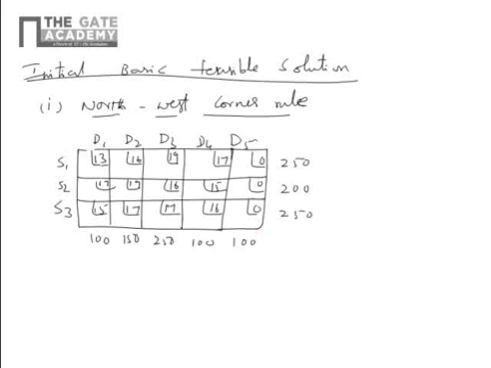First you take the northwest corner cell S1 D1 and allocate the maximum possible, which is the demand. What is the demand? 100. So take 100 from the 250 of supplier 1, because you allocate in the northwest cell. So first I am allocating 100. Once after allocating 100, cancel this column.